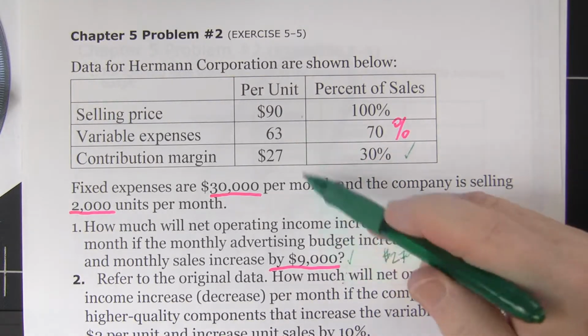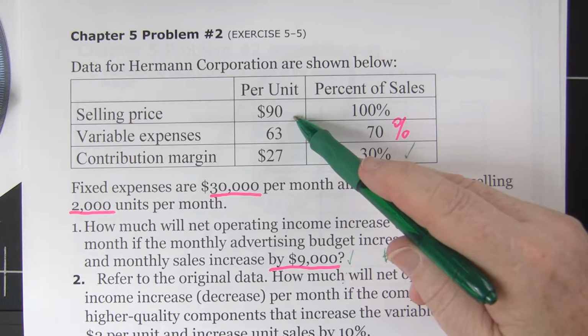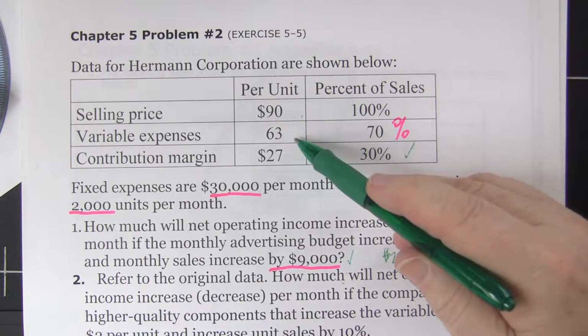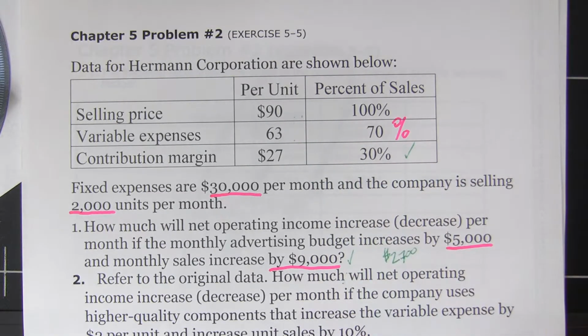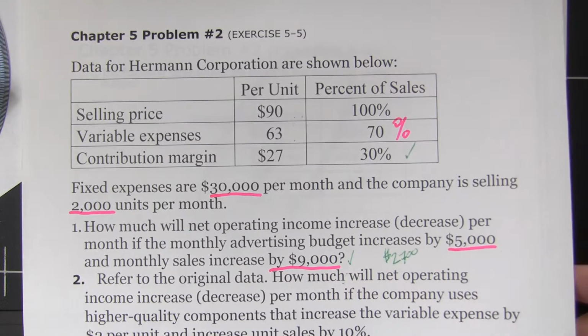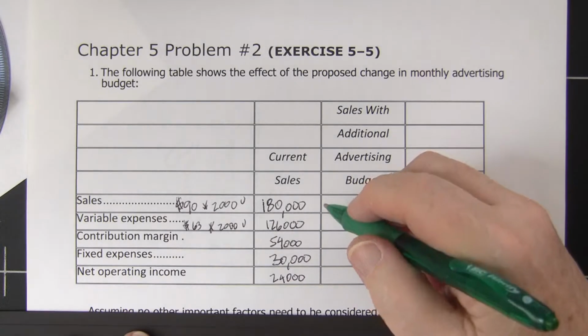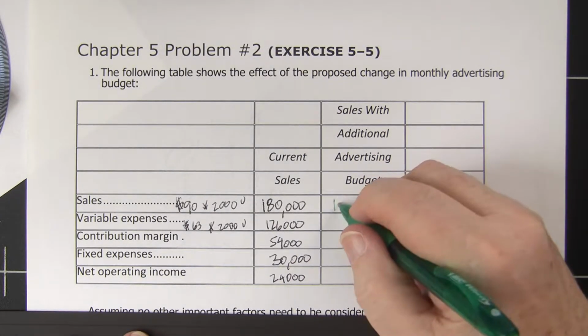Okay, 100 more units rather. 100 times 90 would be 9,000. But our variable expenses have to go up, and our contribution margin will go up. So we're going to sell 100 more units. So our sales go from 180,000 to 189,000.